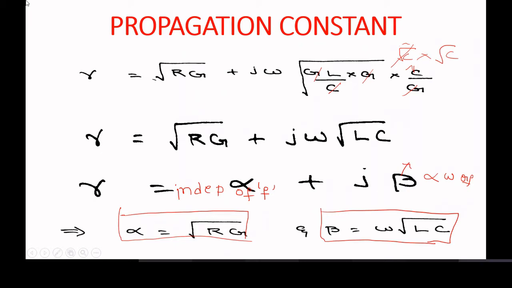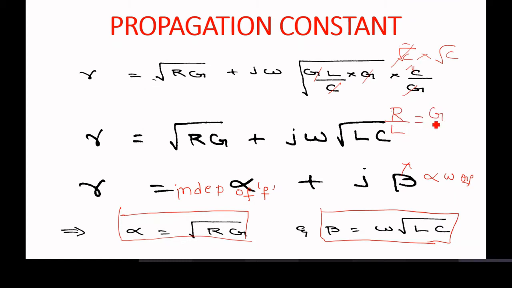So for a distortionless transmission line, alpha should be independent of f and beta should be a linear function of omega, or f.